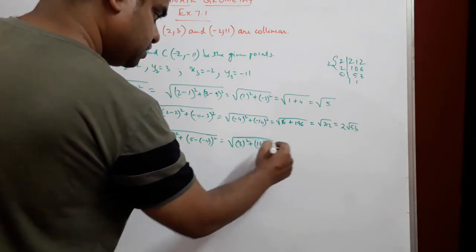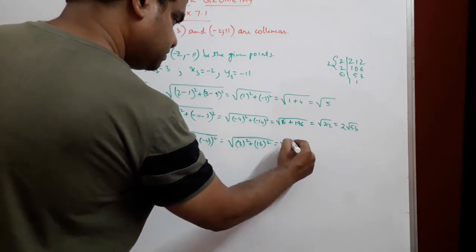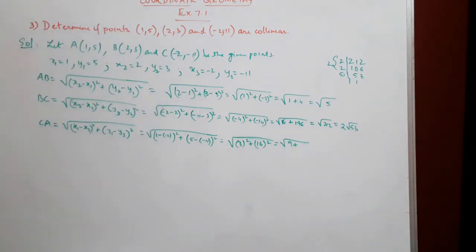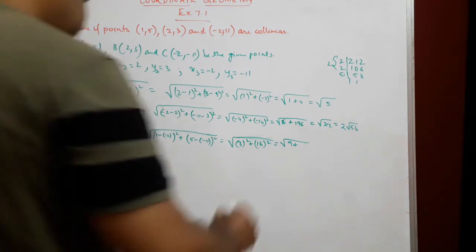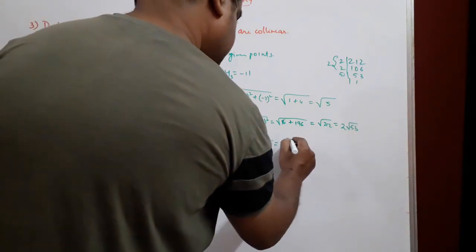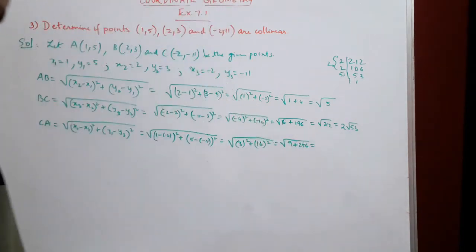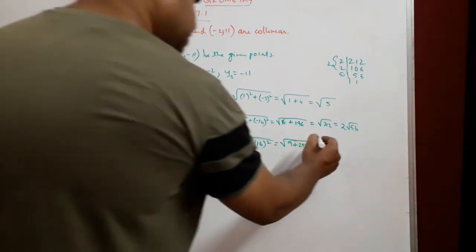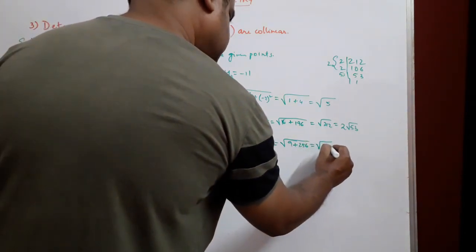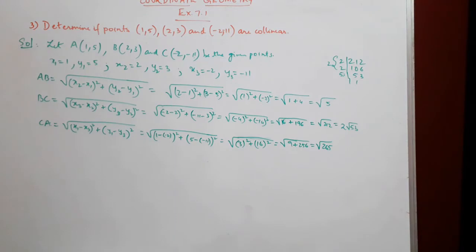Positive 3 whole square gives us 9, plus 16 whole square will give us 256. When we add 256 to 9, it gives us square root of 265. Okay.